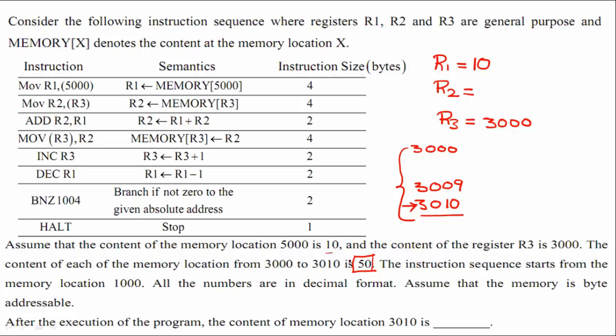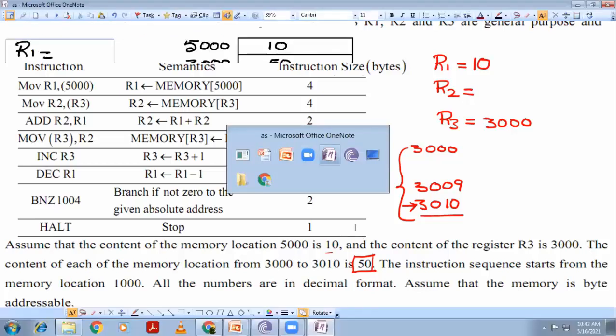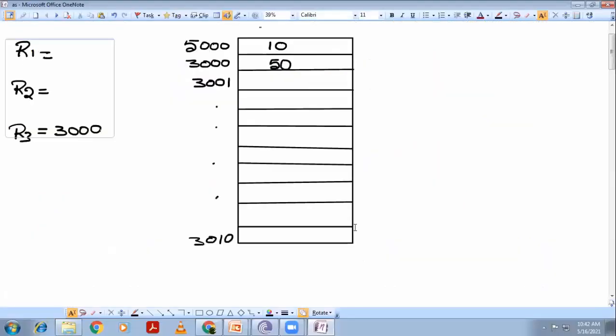Now we are going to testify our answer by dry running the program. Let us dry run the program. Have a look at this. Initially, memory location 5000 is equal to 10. From 3000 to 3010 is equal to 50.